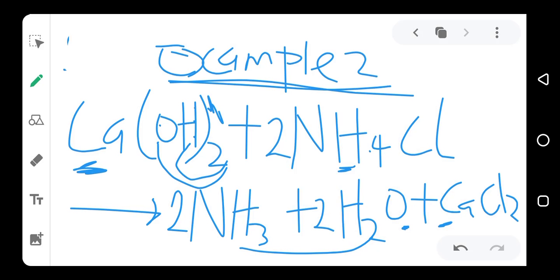This one is 2 times 4 is 8, plus 2 is 10. Why this one is 2 times 3, which is 6, plus 2 times 2 here, which is 4. So 6 plus 4 is 10. Okay, so it is balanced.